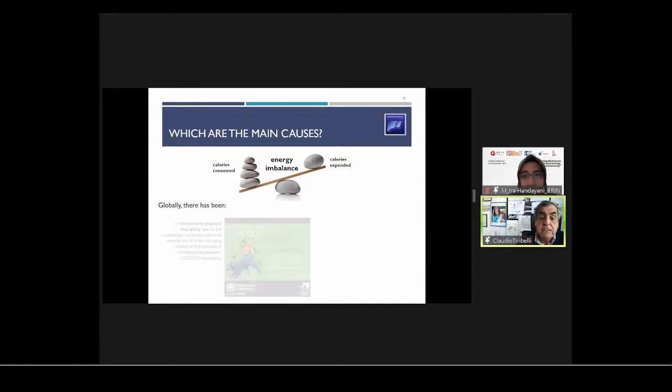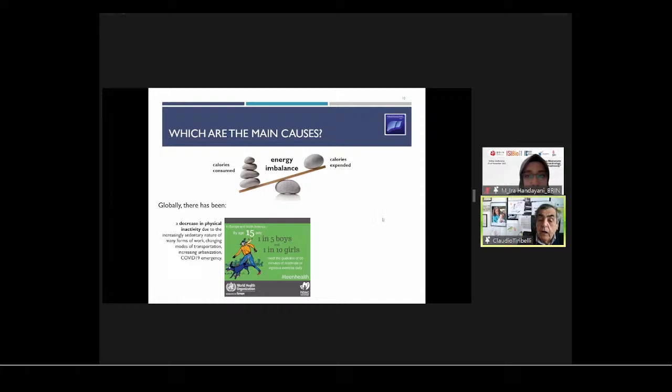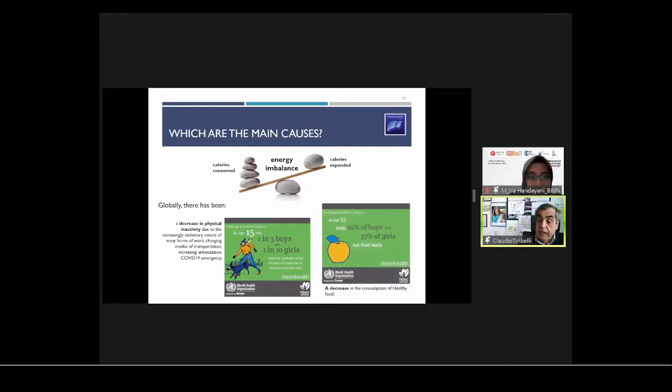So we need to understand that globally, there's a striking decrease in physical activity. 1 in 5 boys and 1 in 10 girls is not having real and appropriate exercise. Even more worrisome is that the amount of fruit eaten by our children is drastically reduced compared to the ideal amount.